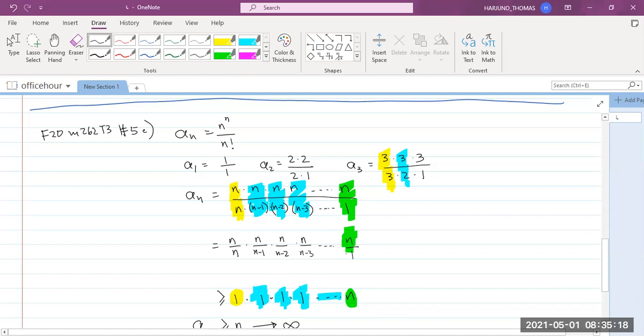Now, if you take a look at each fraction, this is equal to 1. And this is greater than 1. Also greater than 1. This guy also is greater than 1, but we can be more precise. This is equal to n.